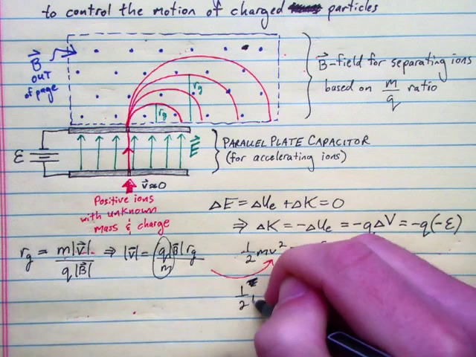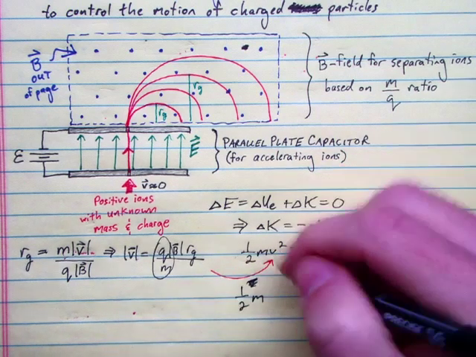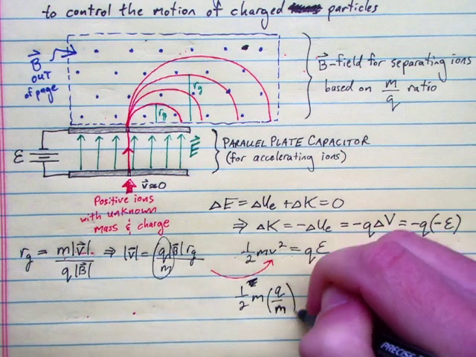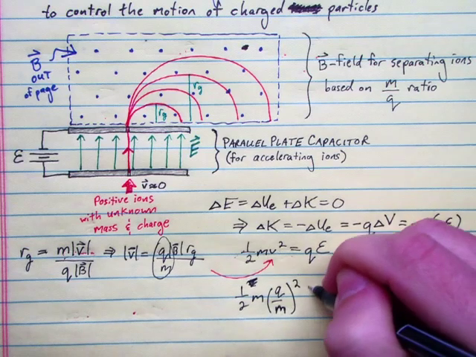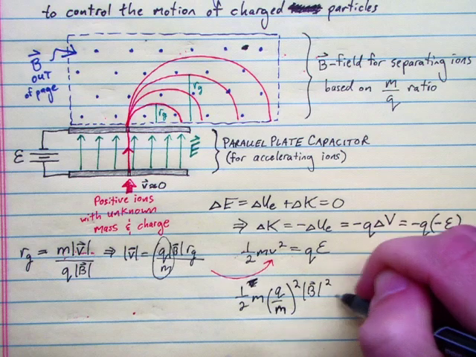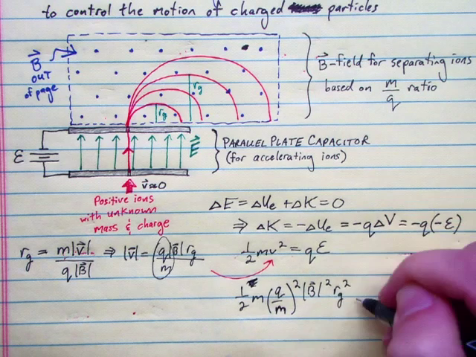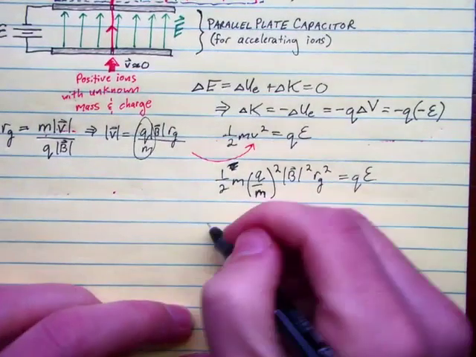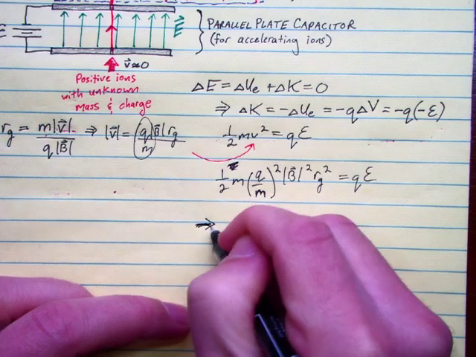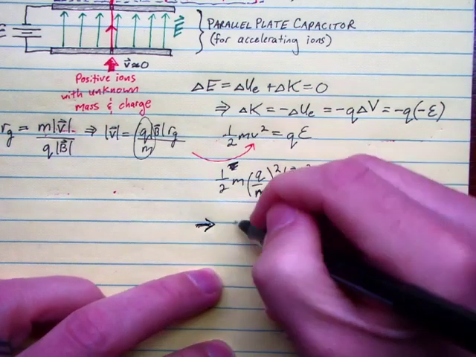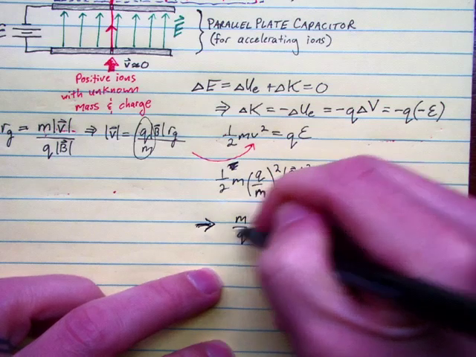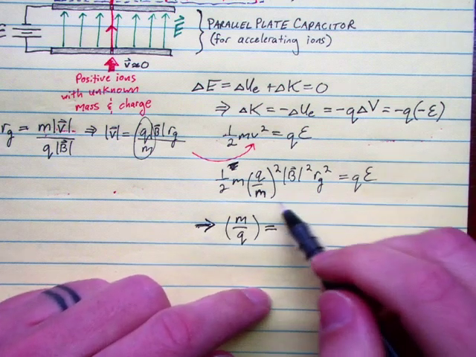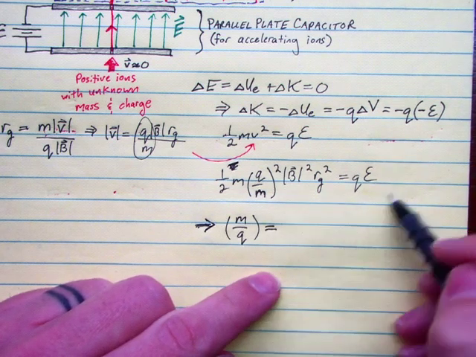So we get 1/2 m v squared will be q over m, charge over mass squared, times B squared R_G squared, and that equals q times the EMF. Lastly, what we're trying to solve for here is that mass to charge ratio, which we can get by just rearranging this expression.